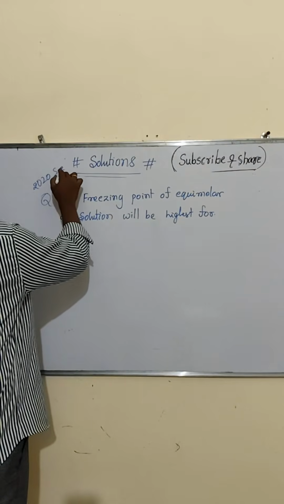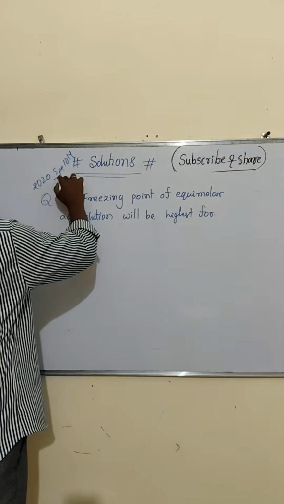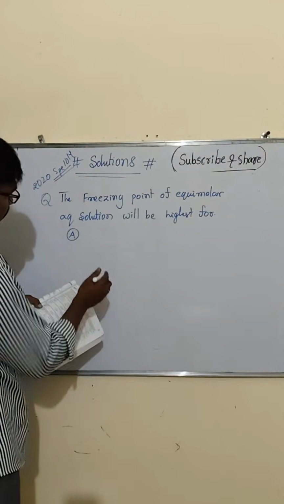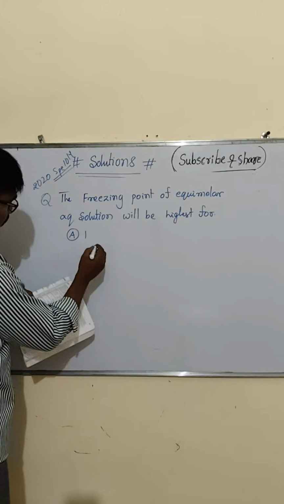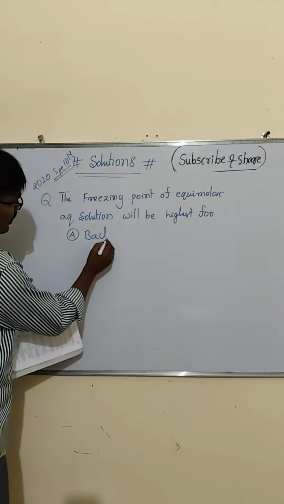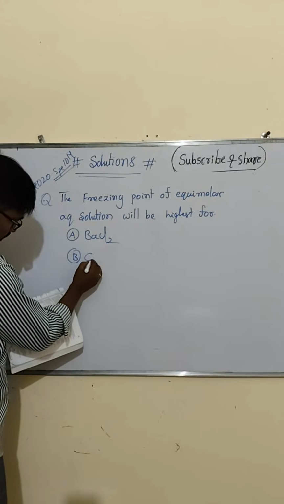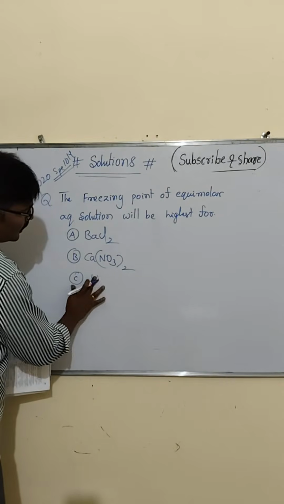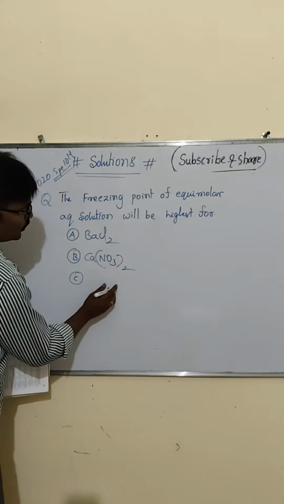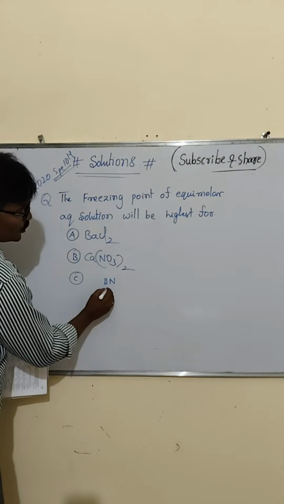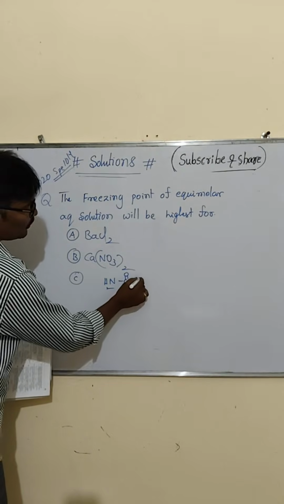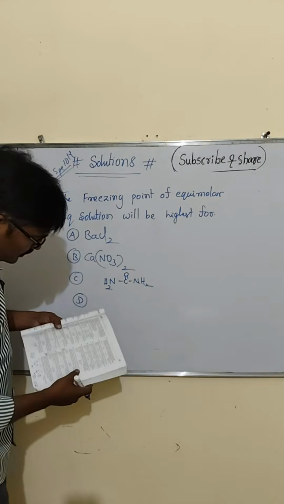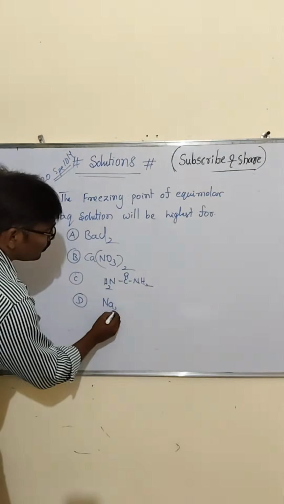Options are given. Option A is BaCl2. Option B, Ca(NO3)2. Option C, urea, formula NH2-C double bond O-NH2. Then D, that is Na2SO4.